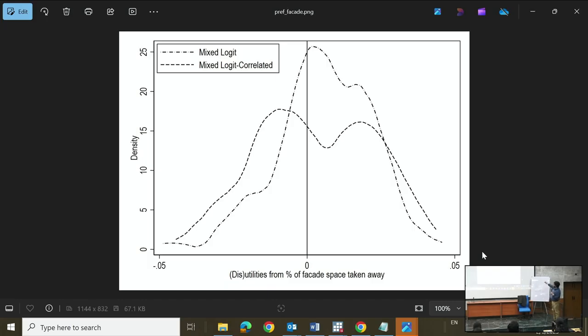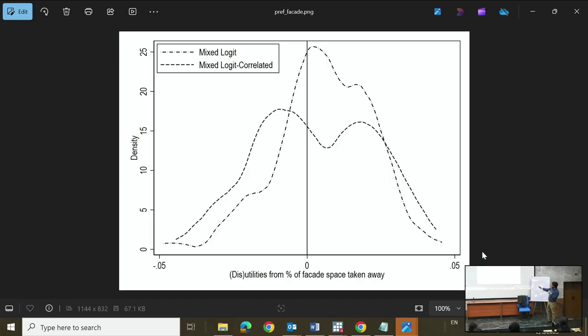And notice how the cool thing here is that the two models tell us the same story. There are two distributions here. You could potentially represent these preferences better if instead of trying to represent them with one normal distribution, you try to represent them with two normal distributions that have different means.